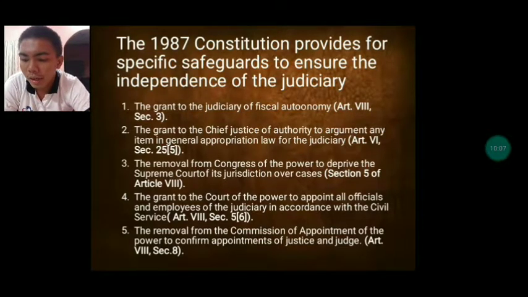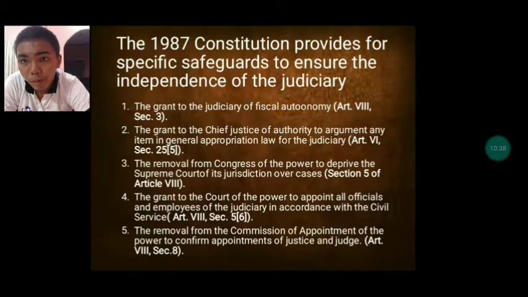Its approval shall be automatically and regularly released. The Chief Justice is granted authority to augment any item in the general appropriations law of the judiciary from savings in items of said appropriation as authorized by law.